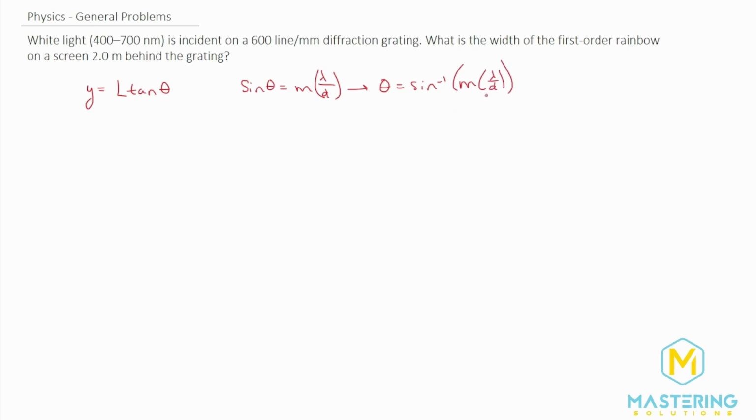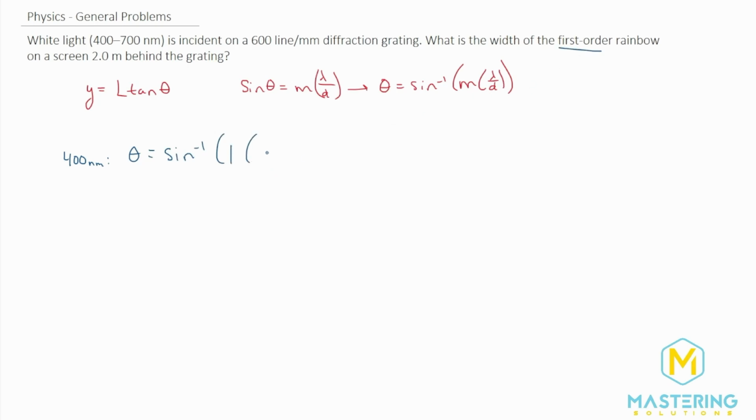Okay, now this is ready to go. So let's start with the 400 nanometers, and that's blue, of course. So theta is equal to the inverse sine of m, which we're going to use the first order.